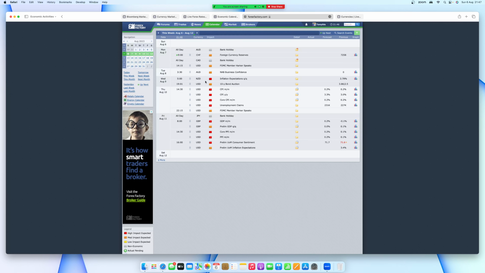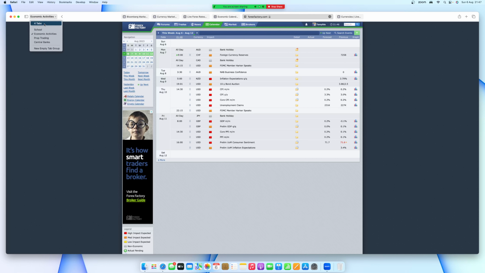On Wednesday, that's when we have NZD inflation expectation. And then on Thursday, we do have CPI high, core CPI high, right? So this is a major news for the dollar index. Expect some big movement. The last CPI high we had last month took my NASDAQ 12 days of holding to TP. So CPI high can really bless you, and if you are on the wrong side, oh boy.